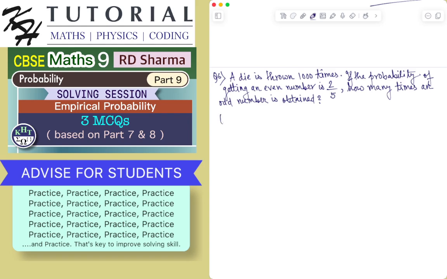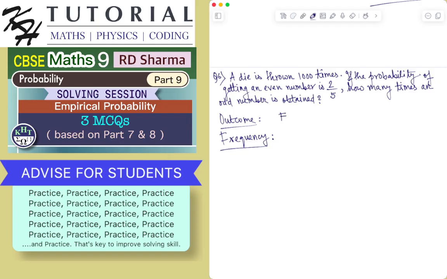So let's say I can tabulate the results of this experiment. Usually you are given the frequency of the numbers 1 to 6, but I can also give the results of this experiment as the frequency of even numbers and odd numbers.